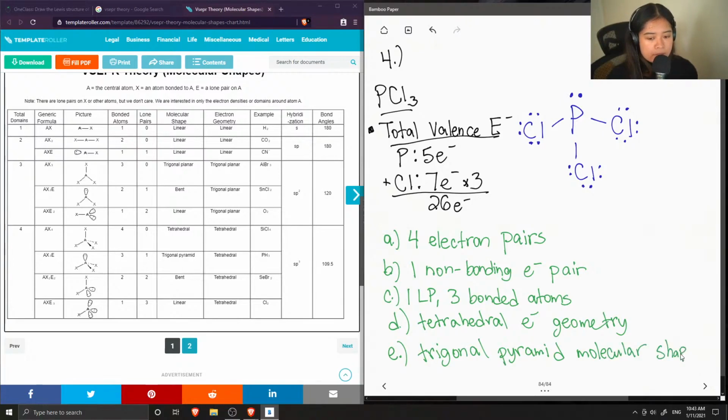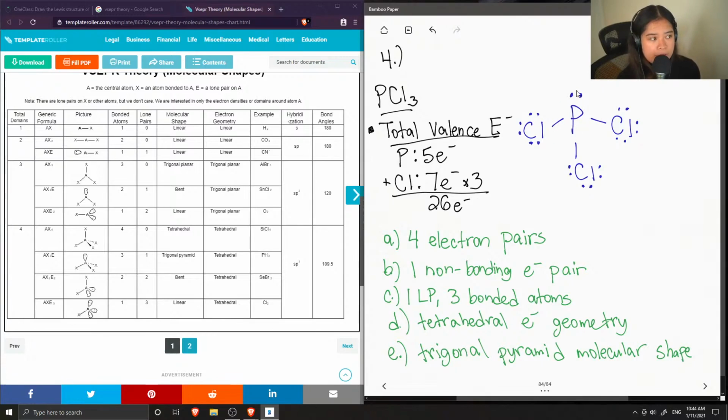The difference between electron geometry and molecular shape is that the electron geometry corresponds to all of the electron pairs on the central atom. In our case, all the electron pairs, this was part A, so the lone pair and also all the bonded electrons.